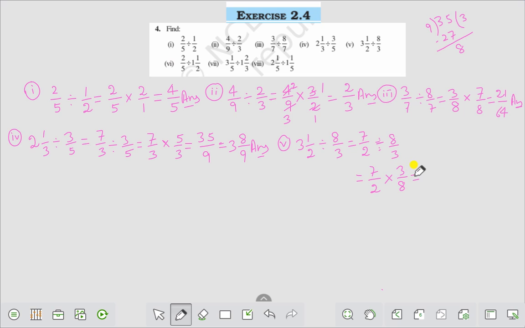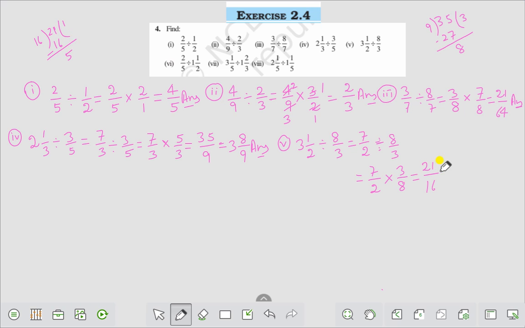That is equal to 7 threes are 21 and 2 eights are 16. And divide 21 by 16. 16 ones are 16. Remainder 5.